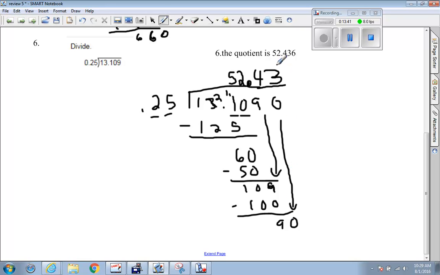So 3 times 25 is 75. Notice that once I've placed that decimal there, I've dealt with the decimal and I'm just focusing on the numbers. 90 minus 75, 15. And you can bring down another trailing 0.